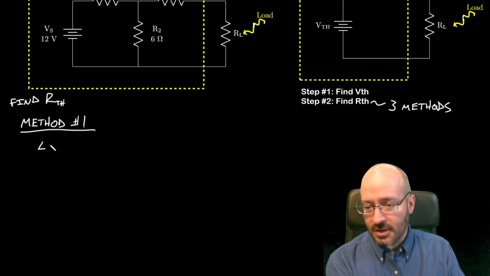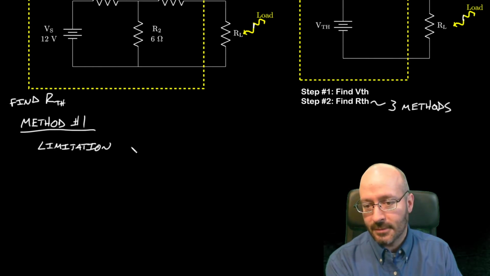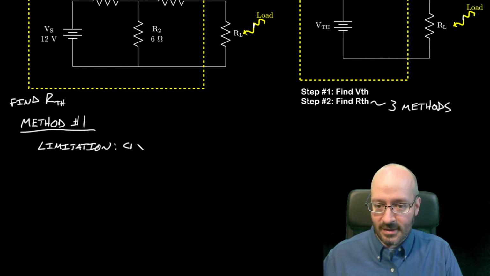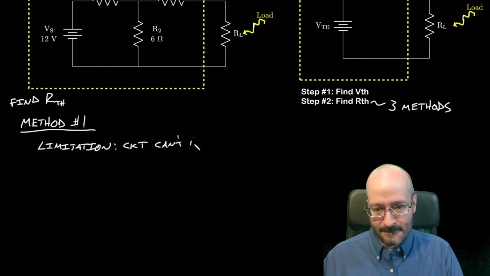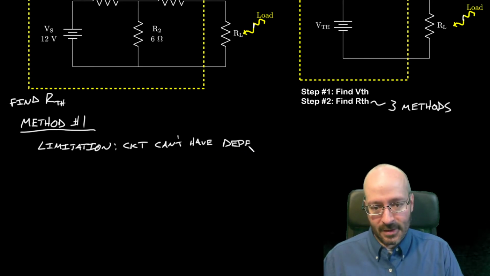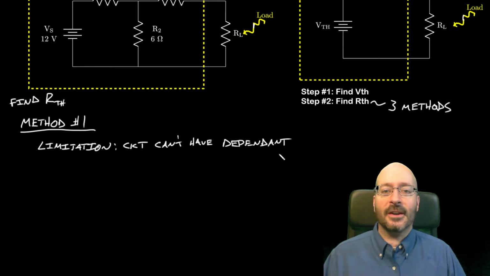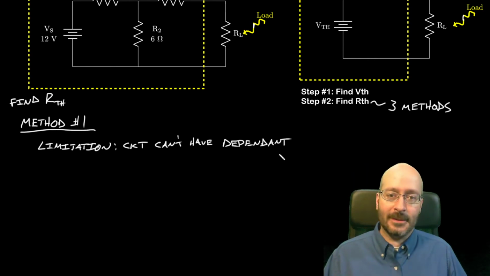So the limitation here is that your problem or your circuit (CKT, short for circuit) can't have dependent supplies. Okay, so if you find a dependent supply in your circuit, method 1's out the door.